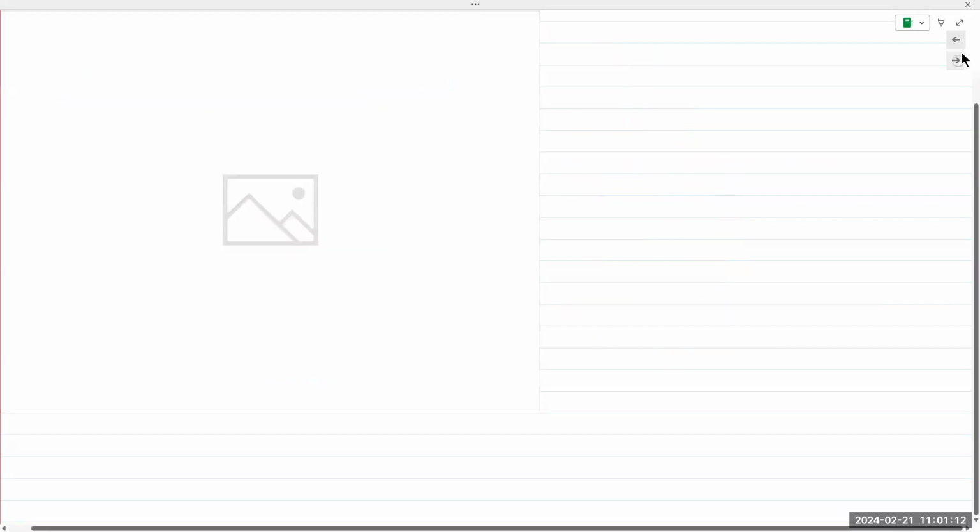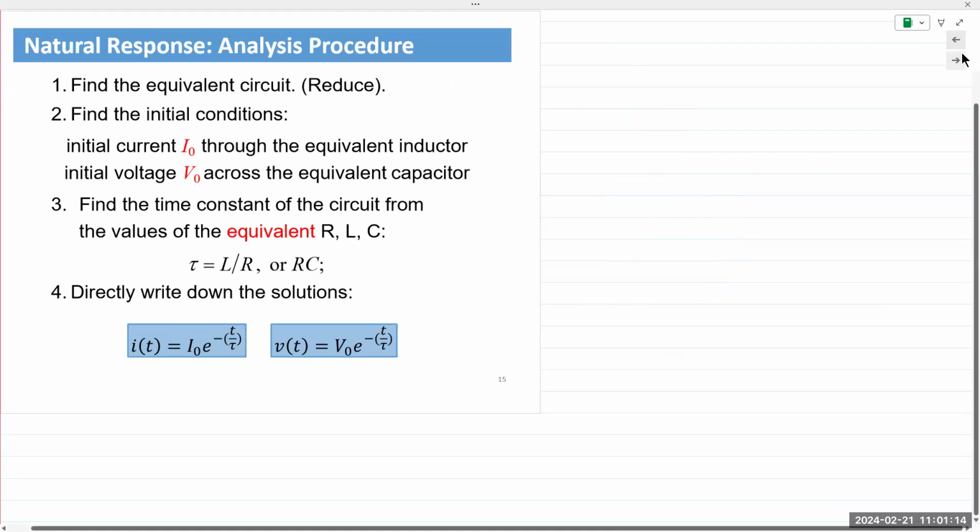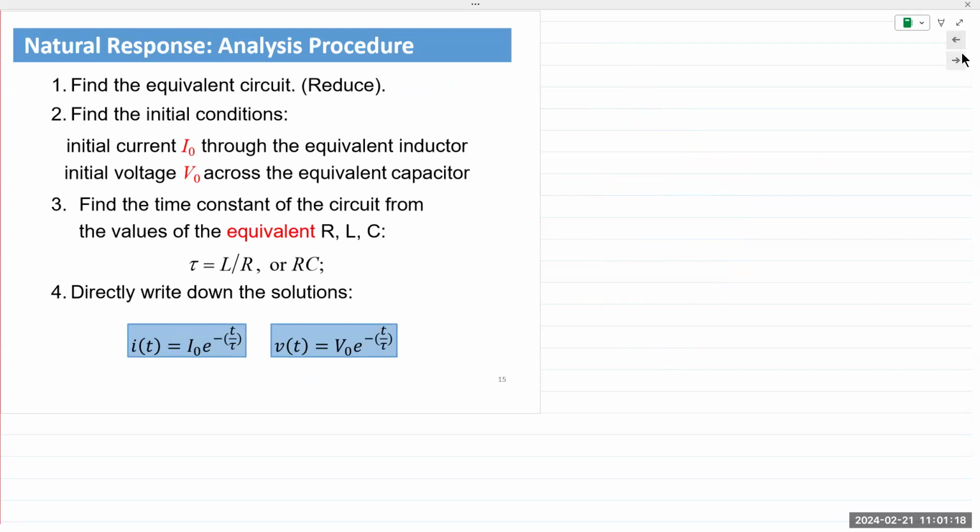And then one final thing is a summary slide for natural response. The first thing you would do is to look at the circuit and the problem statement, establish the initial conditions. You would reduce the circuit and redraw it. So redraw after the switch is flipped, and the reduce refers to the total equivalent values of those components, okay?